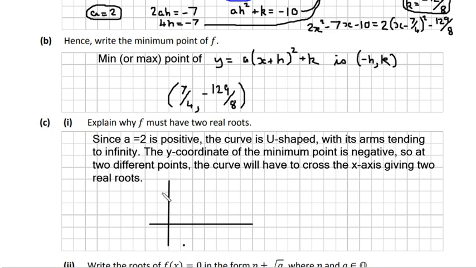We know it's a u-shape, so it's going to come down like this, go through that minimum point, and come back up. The fact that the minimum point has a negative y coordinate means it's below the x-axis. Now these arms go off to plus infinity. There's no way of them avoiding the x-axis, which means that there are going to be 2 real roots. Okay, so yeah, that's it explained.